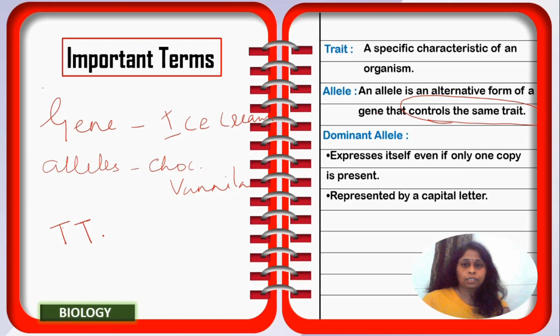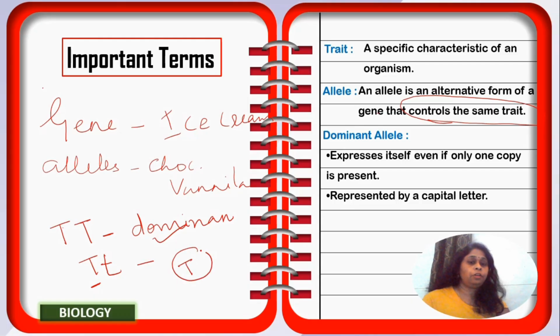So this is the dominant one because it expresses itself. Or if it is capital T and small t, in this case also this is dominant. Why is it dominant? Because it expresses itself even if only one copy is present, and it is always represented by a capital letter. So always remember that if a capital letter is present, then that is dominant.